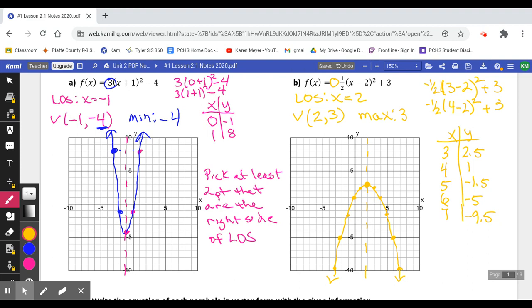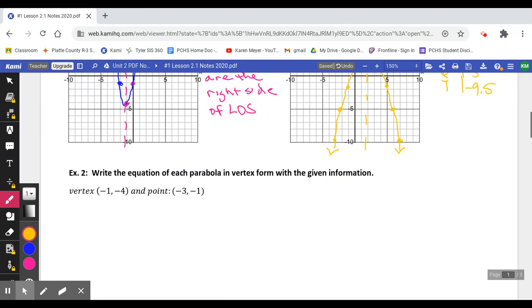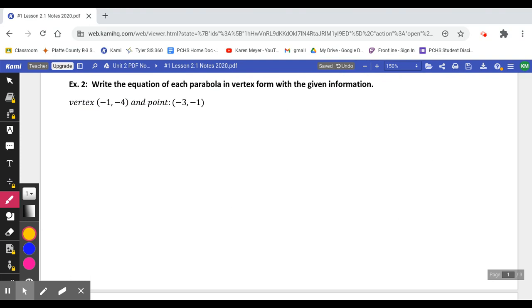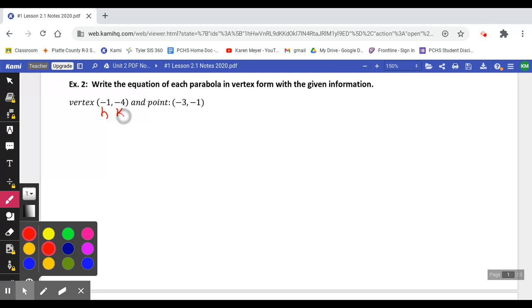Okay, the next question, we're going to take a little break from graphing. On this one, I'm going to tell you the vertex, and I'm going to tell you a point that is on your U shape. So in the vertex, remember, negative 1 is in the h spot, negative 4 is in the k, and in the random point, you have your x and your y value.